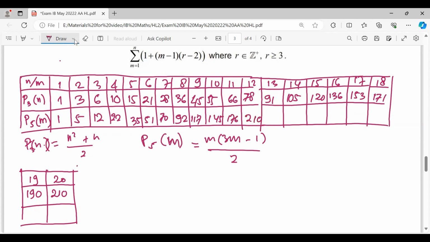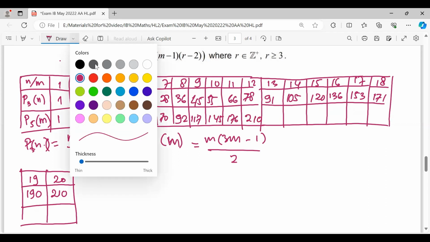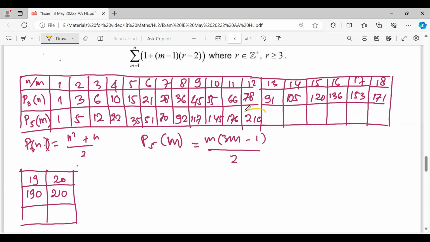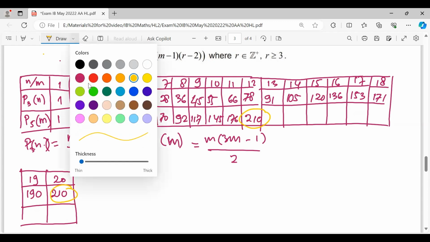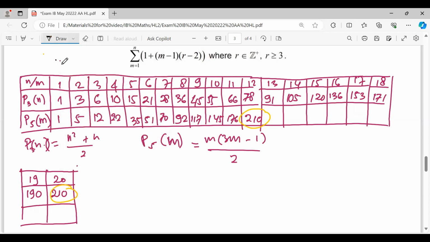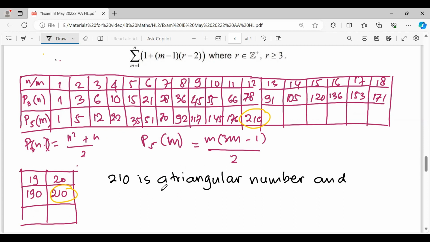If 12, 210. So look, the solution, the number is what? 210. So 210 is a triangular number and a pentagonal number.